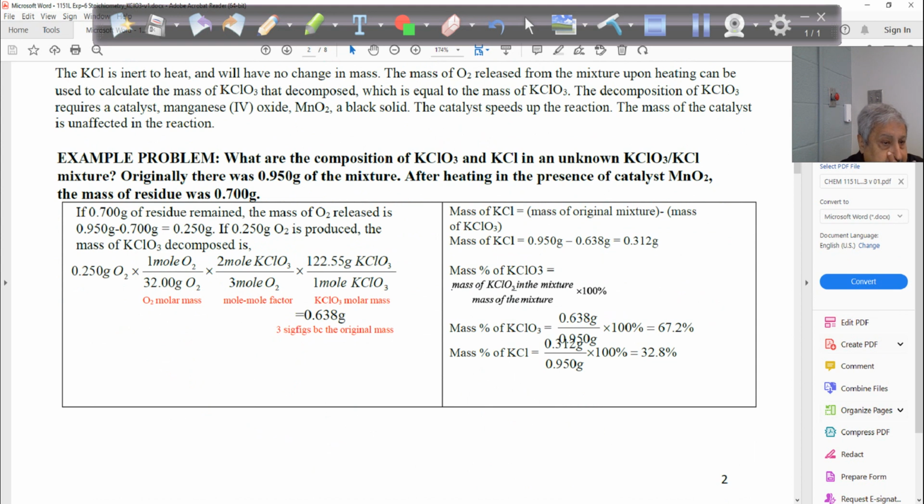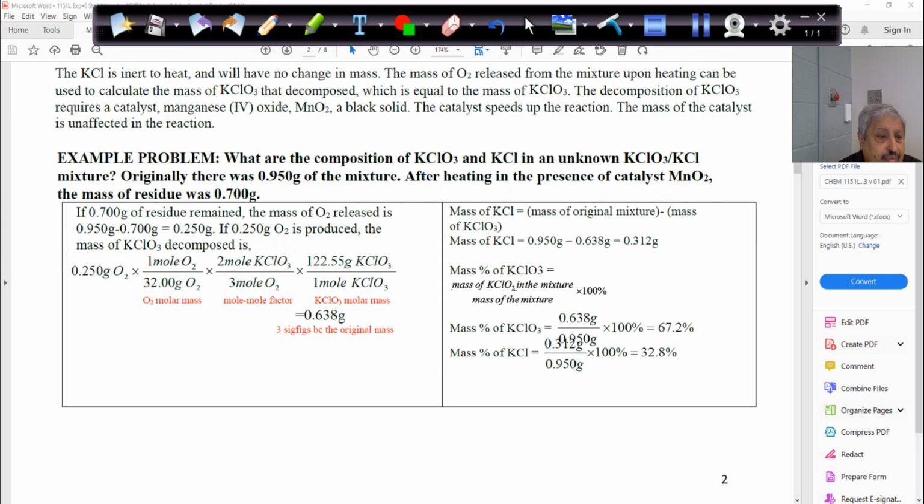In the example here, we'll be taking what? We're taking 2 grams. But here, whatever they got is 0.7 grams after heating, decomposing the sample, correct? And the mass of oxygen released is 0.950.